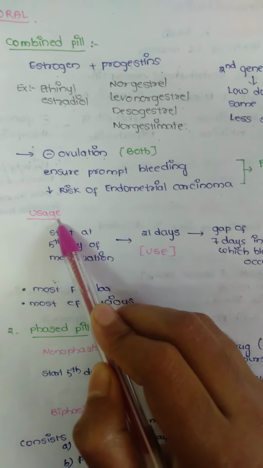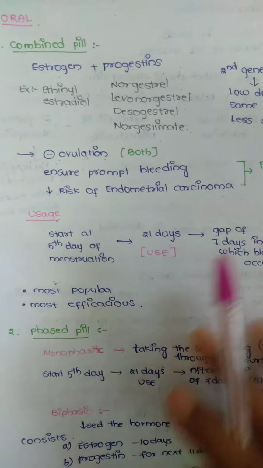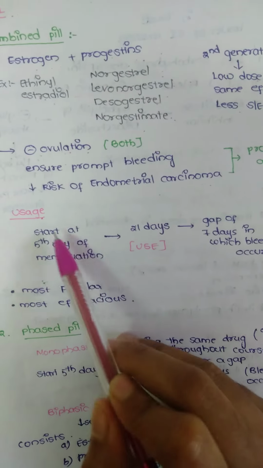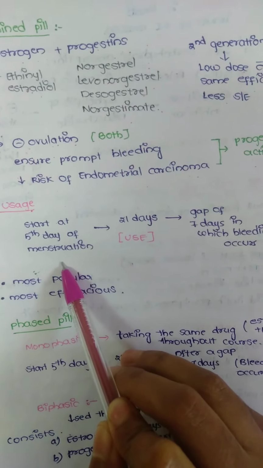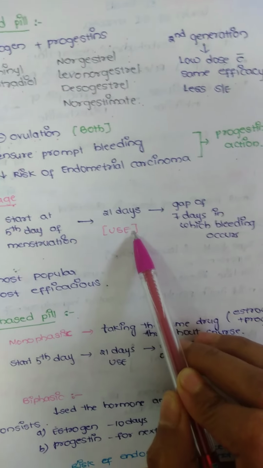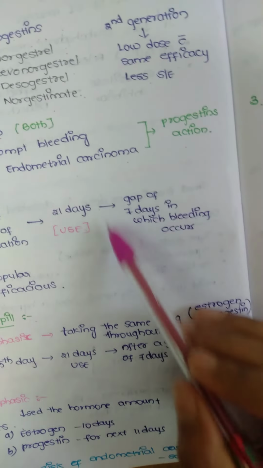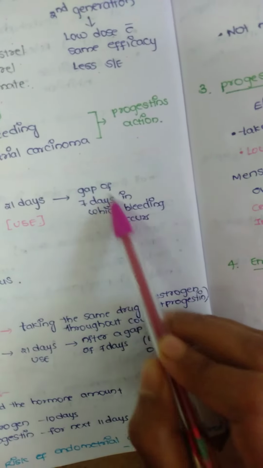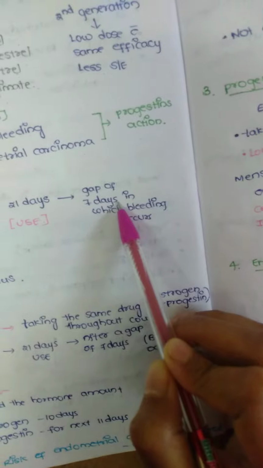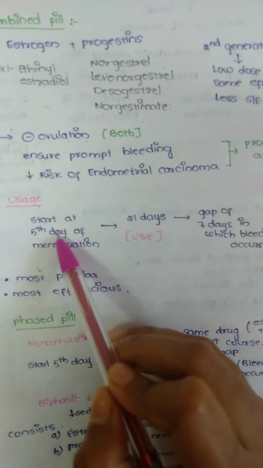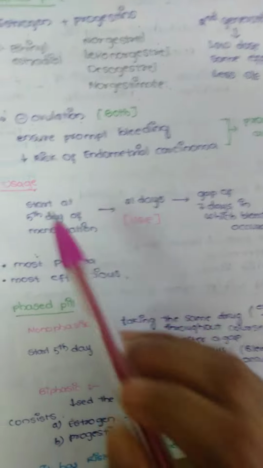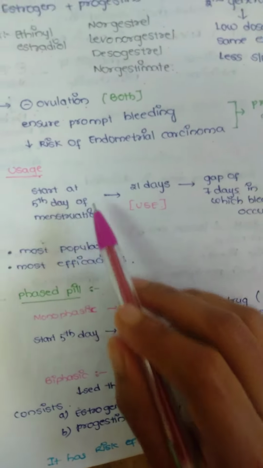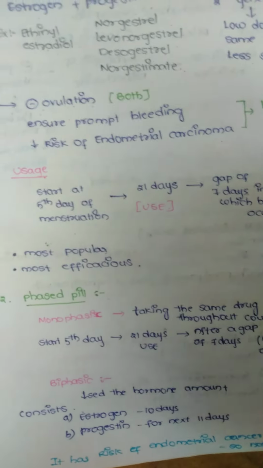Okay, what is the usage of combined pill? How do we use the combined pill in our daily process? We should start at the fifth day of the menstruation and continue the use for 21 days, after which the bleeding occurs, so we should stop for 7 days, and again at the fifth day of menstruation we should restart, up to till we don't want any conception.